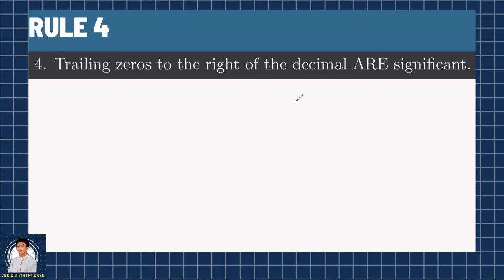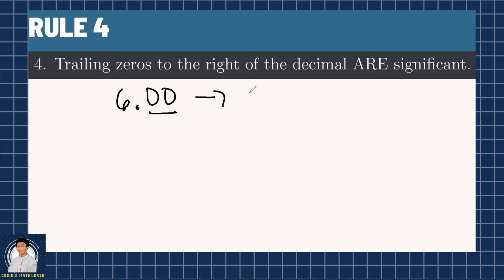Rule number 4, trailing zeros to the right of the decimal are significant. For instance, 6.00. Remember that these are trailing zeros to the right of the decimal. As we can see, there is a non-zero number here.